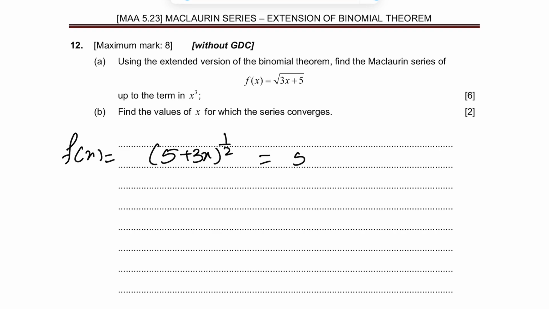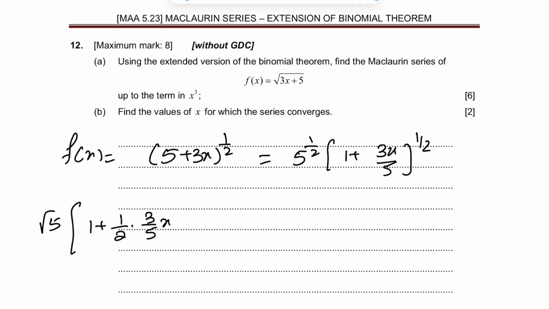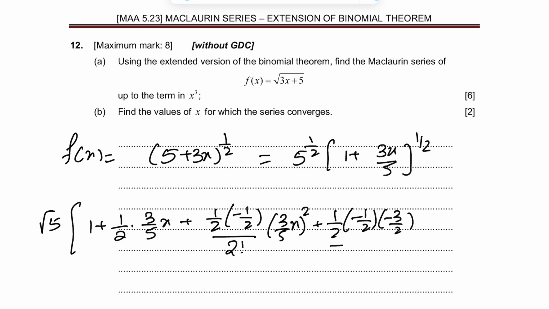So it becomes 5 to the power of half times (1 plus 3x upon 5) to the power of half. So it becomes square root of 5 times 1 plus nx, with n equals 1 upon 2, times 3 upon 5 x, plus n(n minus 1) upon 2 factorial x squared, then n(n minus 1)(n minus 2) upon 3 factorial x cubed and so on.